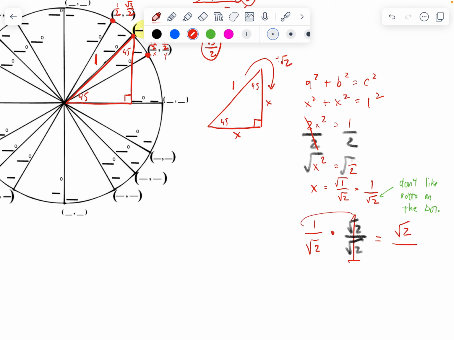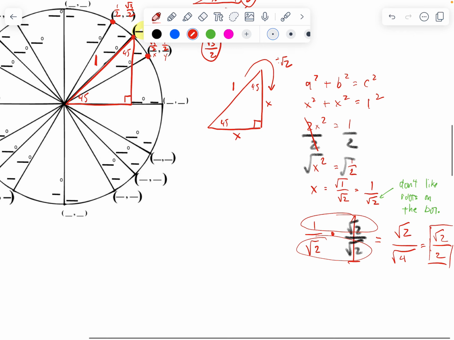So the tops multiply together to get root 2, right? 1 times root 2 is just root 2. And what's root 2 times root 2? Turns out that's root 4. And what's 2 times 2? 4. And if we simplify that, it becomes square root of 2 on the top over, what's the square root of 4? 2. And so this is what it turns into.